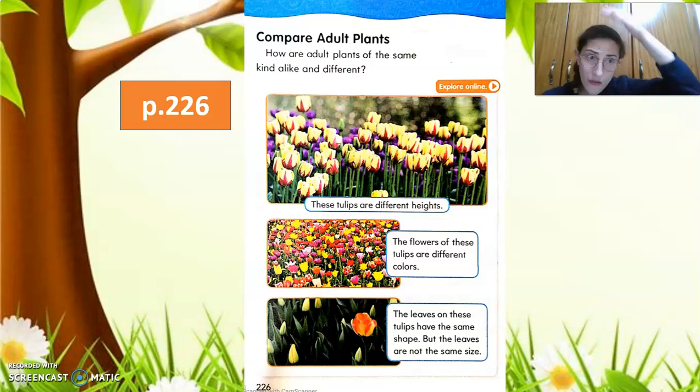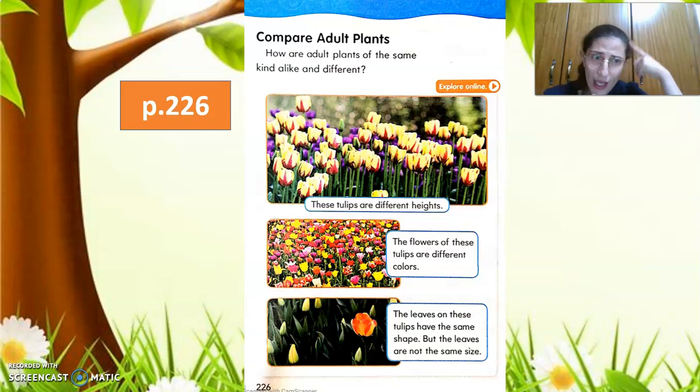You have the same color of hair as your dad. So these are traits, things that we get from our parents, okay? Our parents give us these things. They give us the color of their eyes or the color of their hair or the color of their skin, okay? Clear so far?